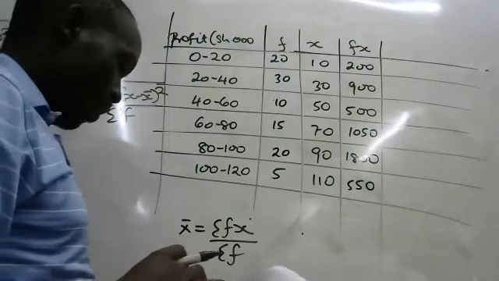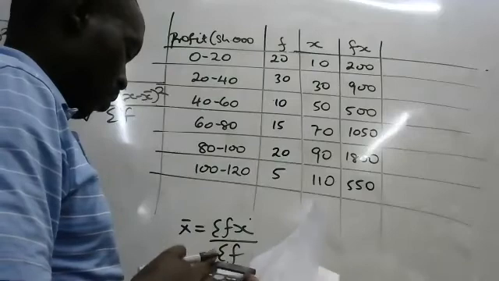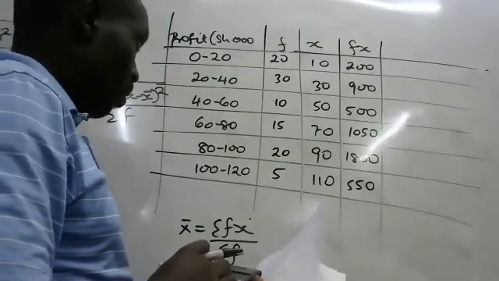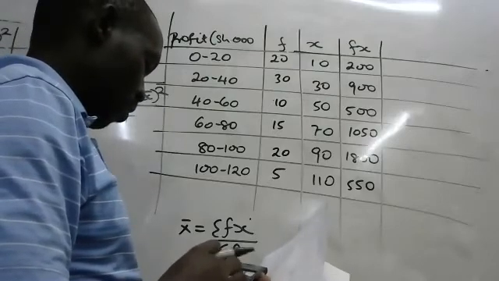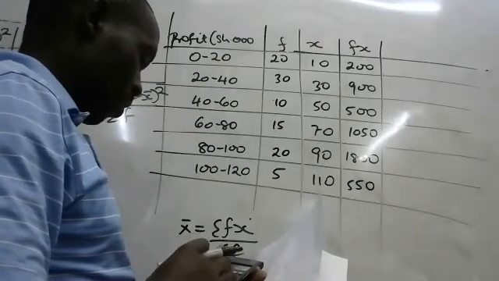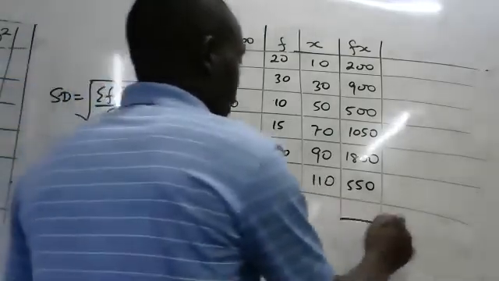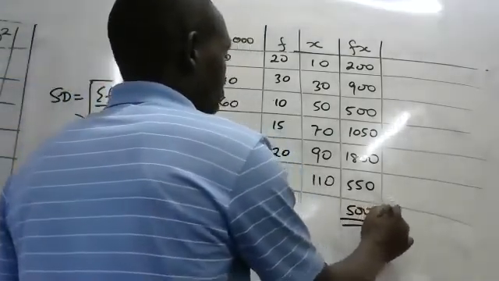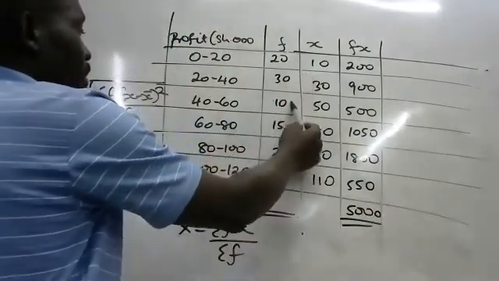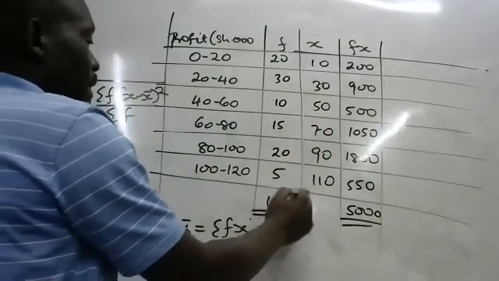If we add that, I'm getting 5,000. And then the summation of f is going to be 50, 60, 75, 80, 100.